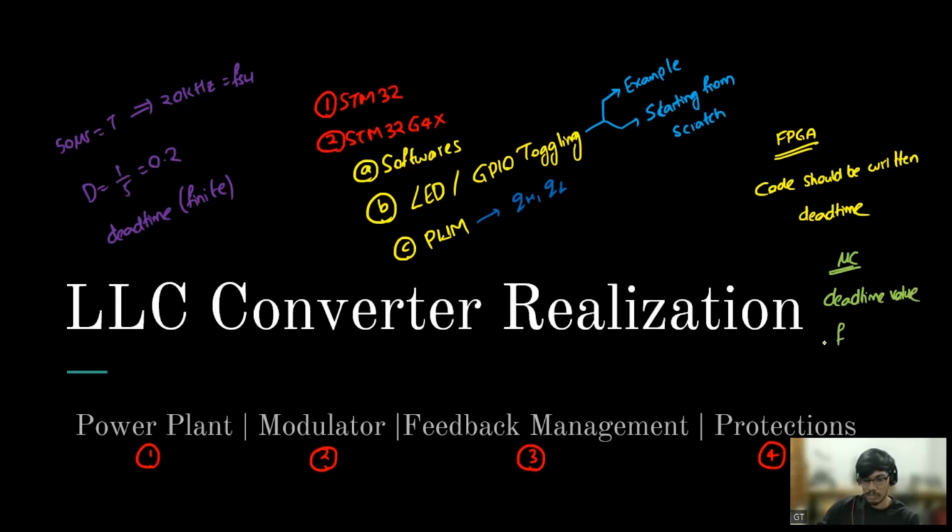You choose some resistor or variable FSW and feed it to the code, and it will generate the dead time. It is not at the logical level where we write the dead time. It has that inbuilt feature where we mention the necessary details.